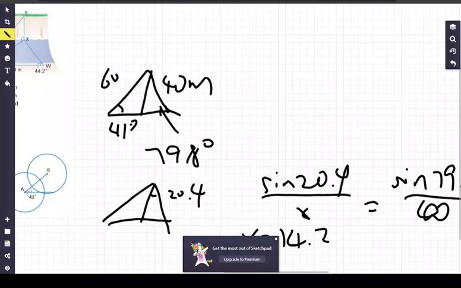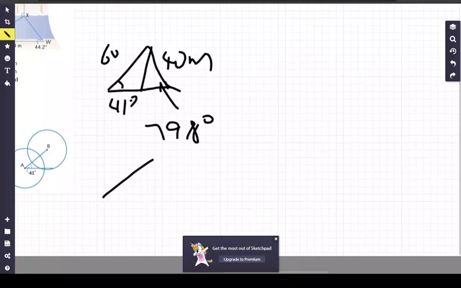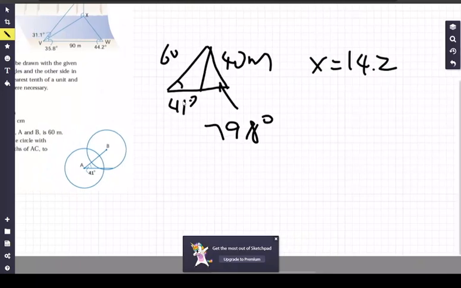Now what can we do? We have to find this part as well. So I'm going to keep in mind that x equals 14.2. So how do we find that part? Let's see if we can use any laws here.